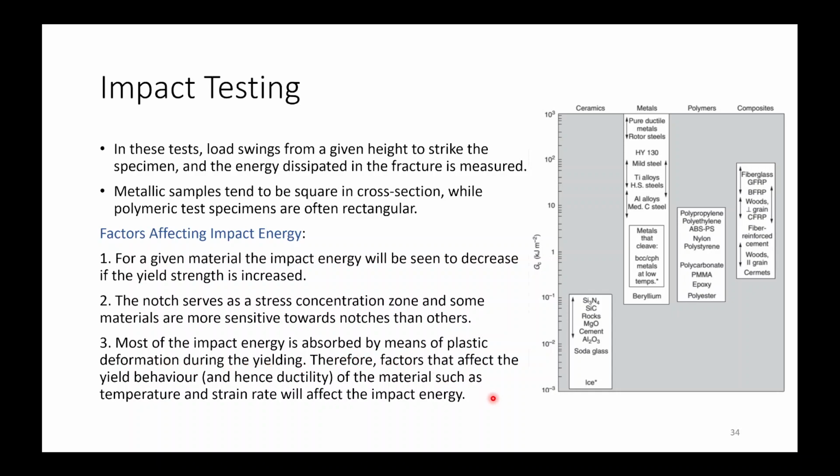Therefore, factors that affect the yield behavior, hence ductility of the material, such as temperature and strain rate, will affect the impact energy. For example, if we reduce temperature, then impact strength generally reduces, and if we increase strain rate, then impact strength reduces.